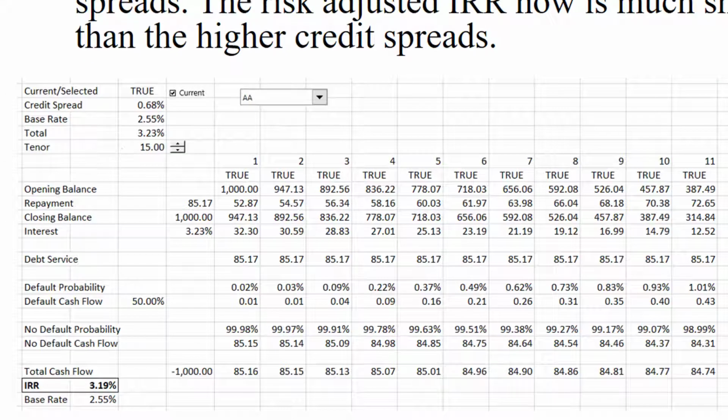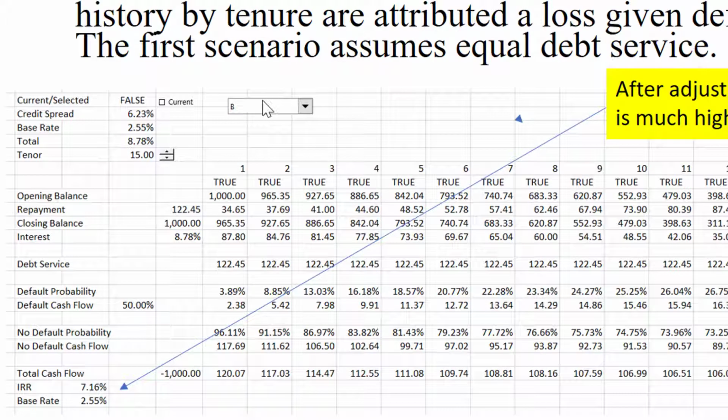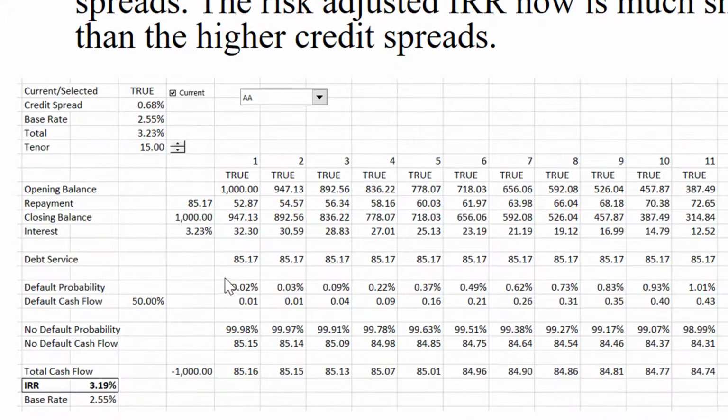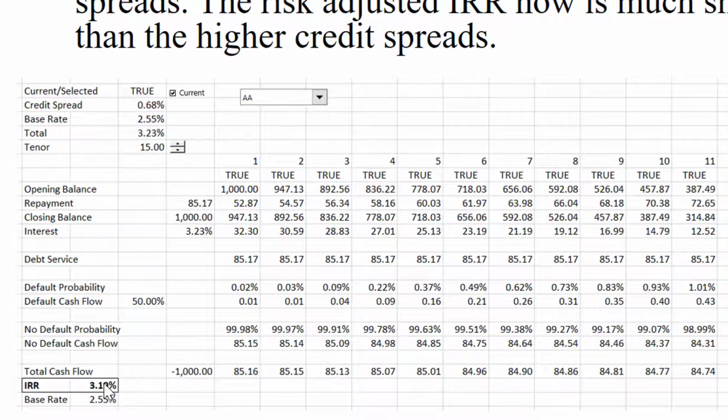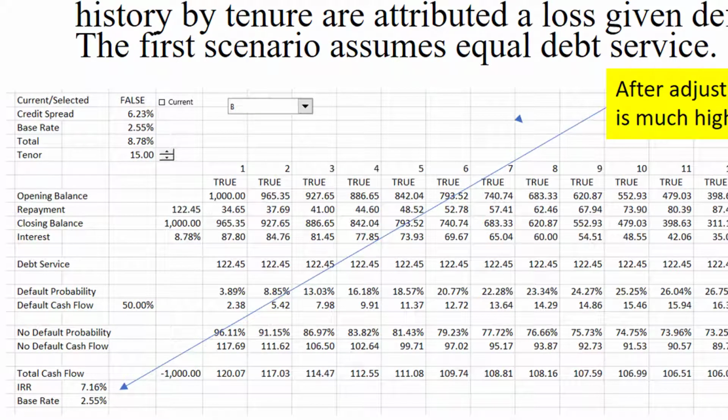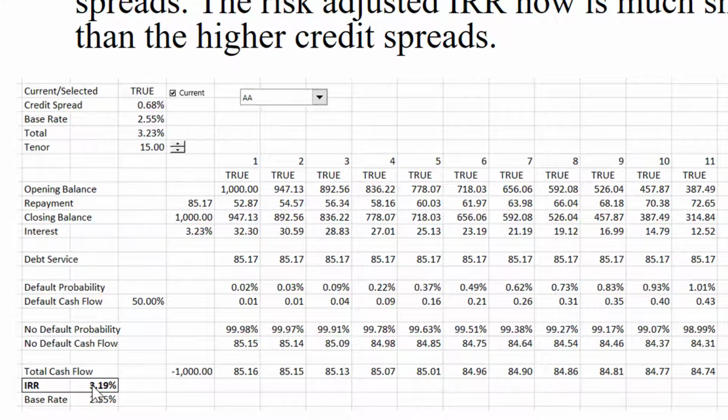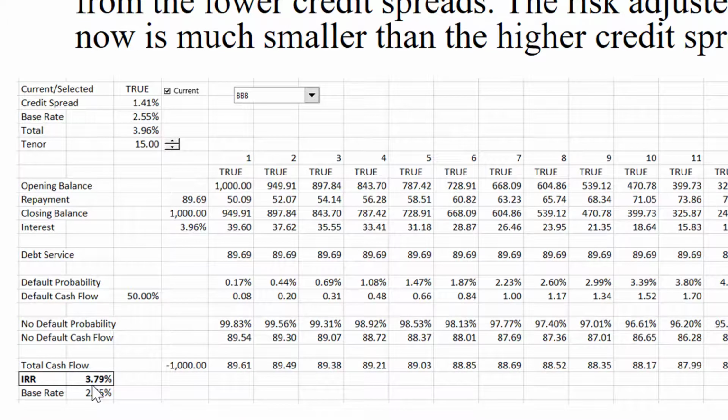Now, if you did a double A bond, so I just kind of have a little thing, then what changes is the default probability and the credit spread. And then your IRR is only 3% after risk adjustment. So this, after risk adjustment, seems like a really good deal. And I'm just trying to show you that these implied credit spreads, when you have these low ratings, like these things in Africa, gosh, it's so expensive.